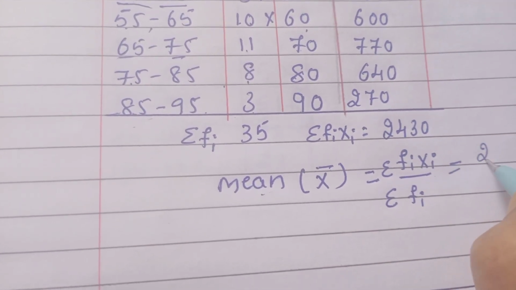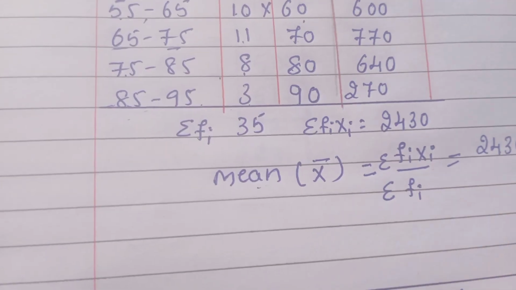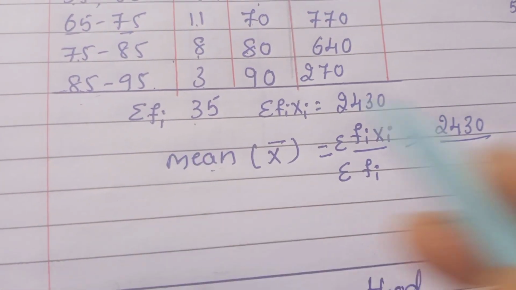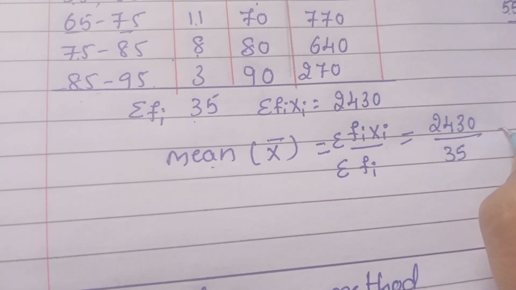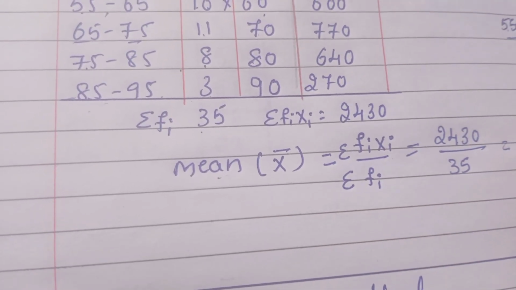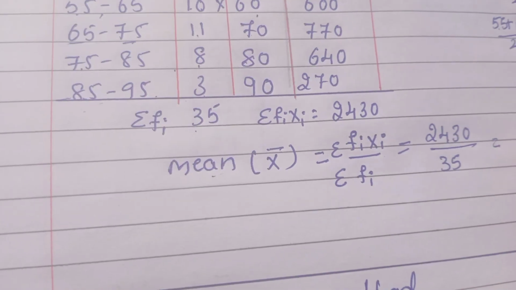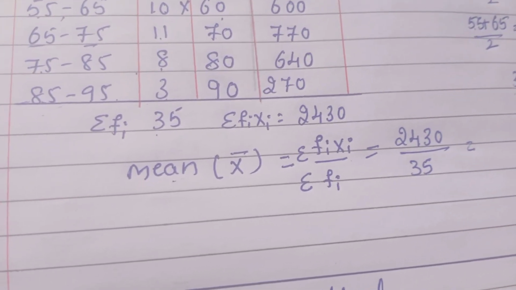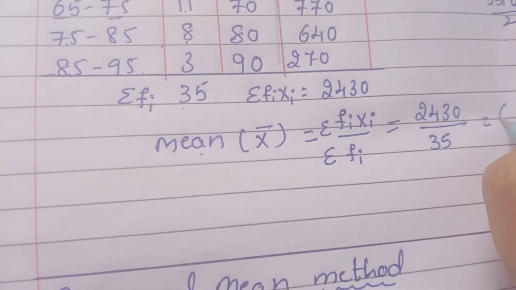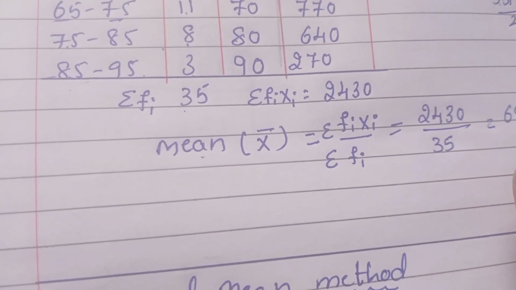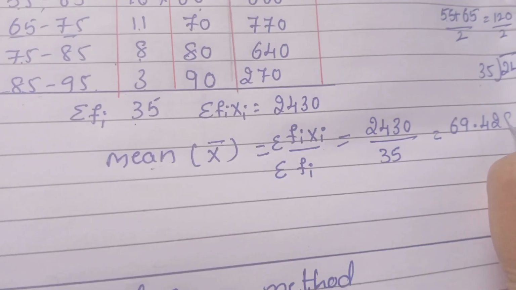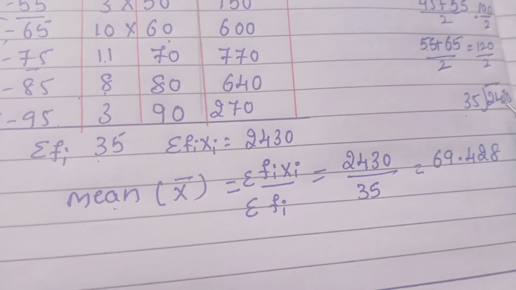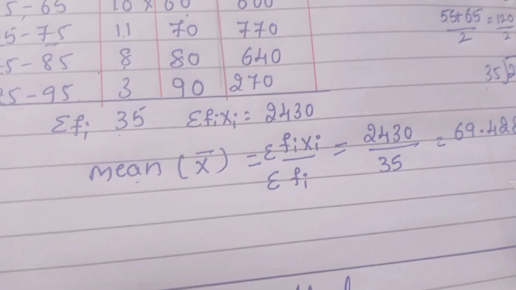Sigma Fi Xi is 2430, divided by sigma Fi, which is 35. Divide these two, 2430 divided by 35, you will get 69.428.